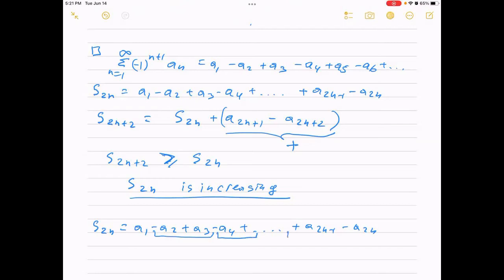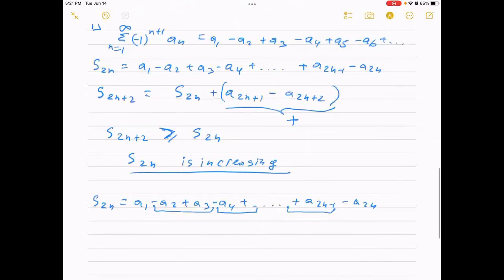So I'm trying to write s_2n as a1 plus (-a2 plus a3) plus (-a4 plus a5) plus, and so on, plus (-a_(2n-2) plus a_(2n-1)) minus a_2n.